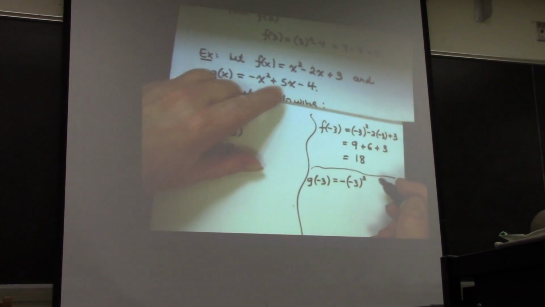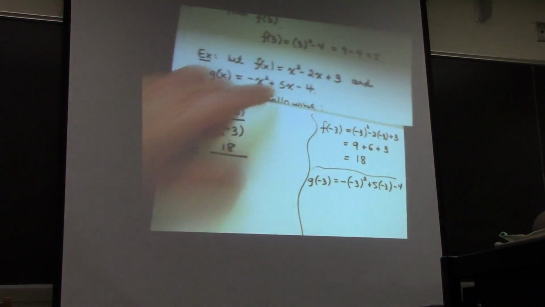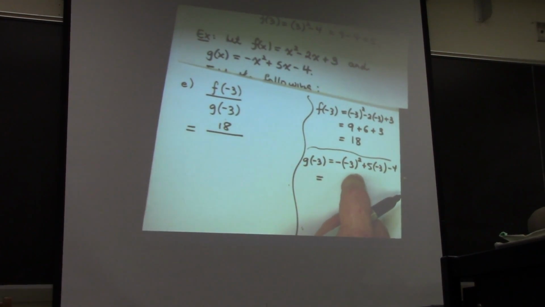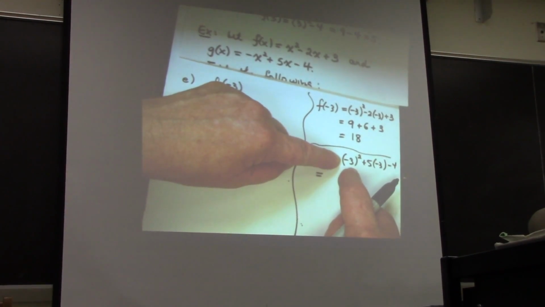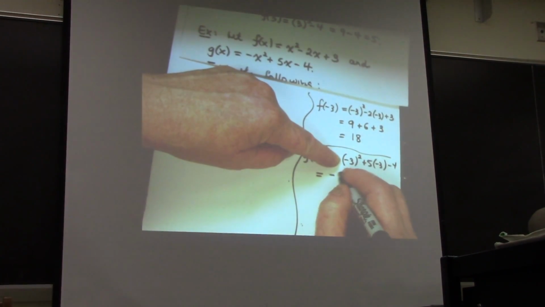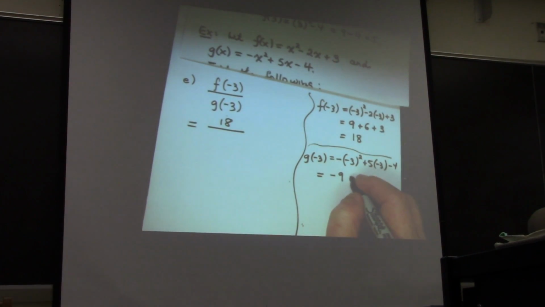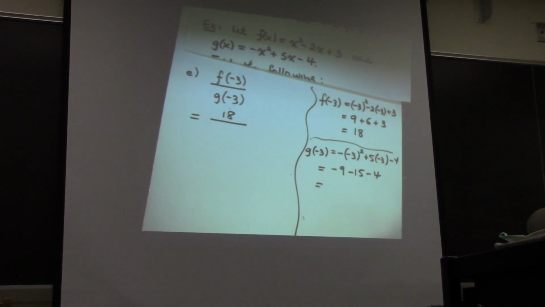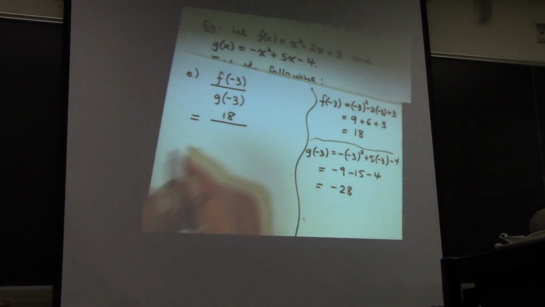And of course, I got to do the rest. Plus 5 times -3 minus 4. Okay, so what's that first part? Yeah, so -3 quantity squared is 9, but I got a negative in front, so -9. And then 5 times -3 is -15 minus 4, which is -24 minus 4 is -28, whatever it is.